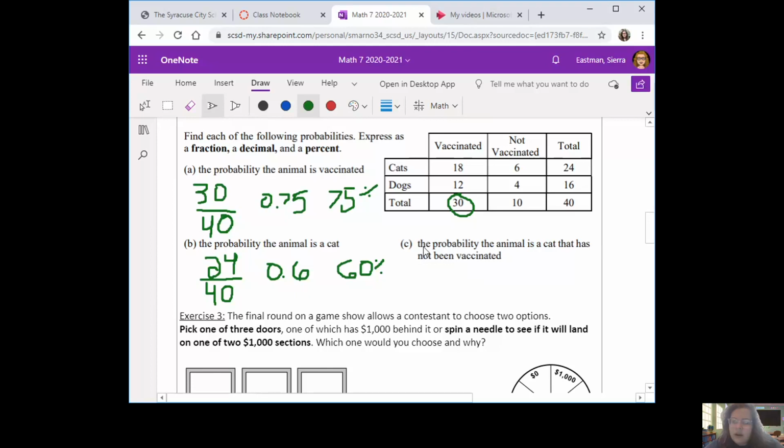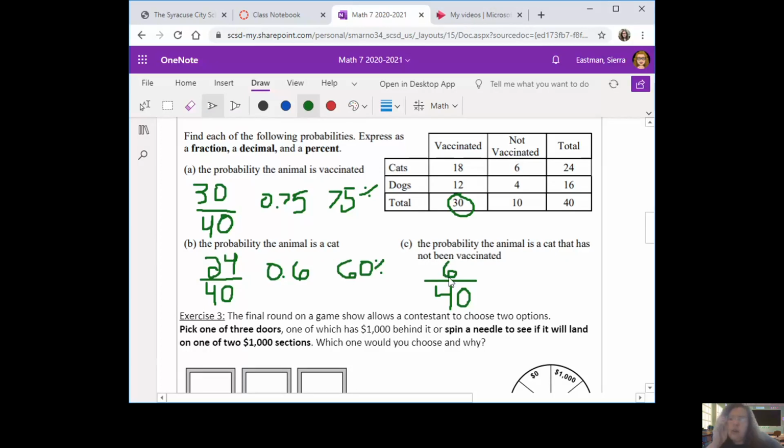Otherwise, this would be written differently. It would say probability that the cat has not been vaccinated. So we would use sample space of 24 and 6 on top. But this is still saying probability of all of the animals. So we have 40 on the bottom. And now we're just looking for cats that are not vaccinated, which is 6.